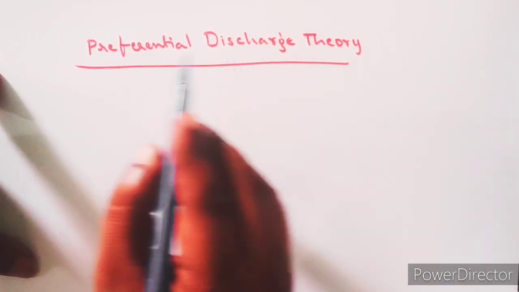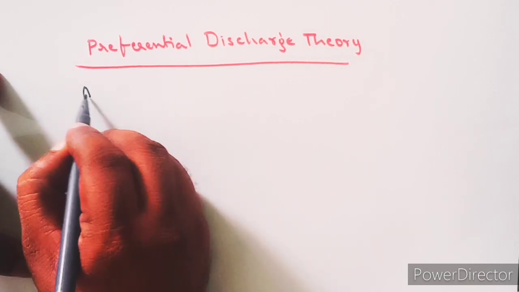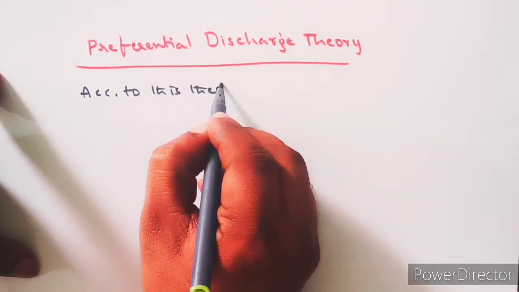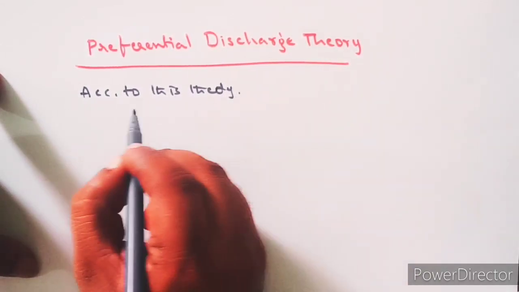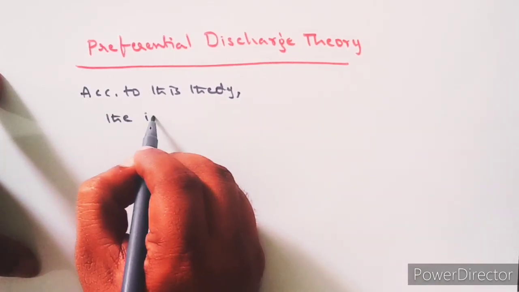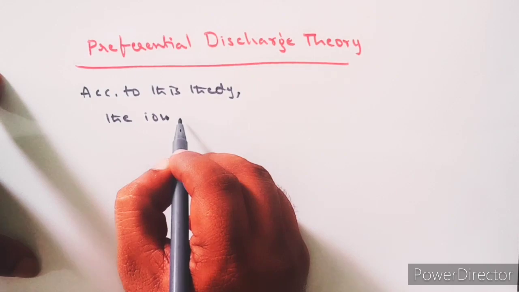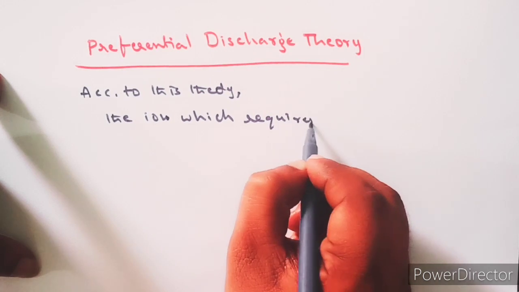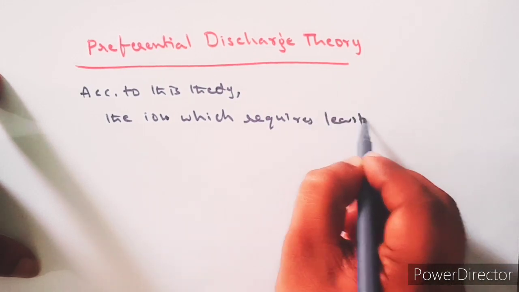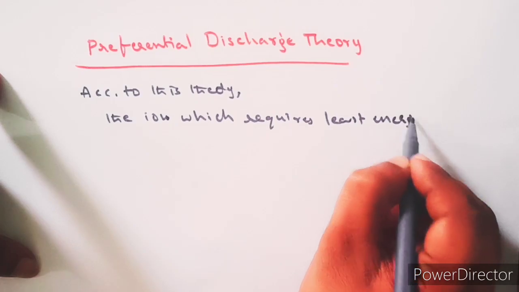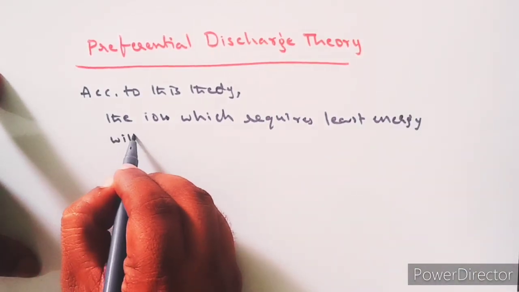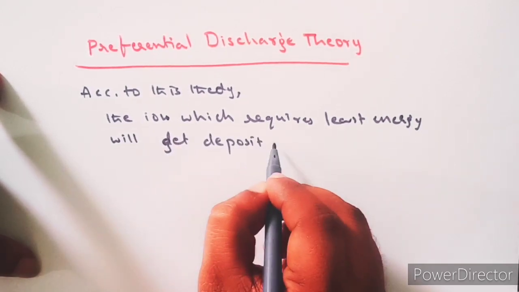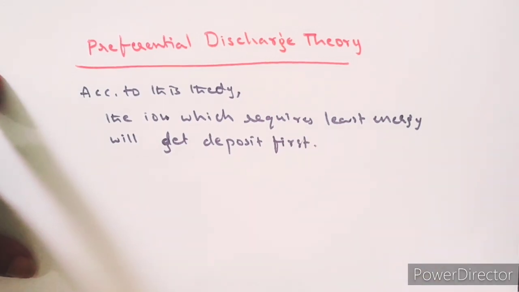According to this theory, the simple thing to remember is that the ion which requires the least energy will get deposited first.